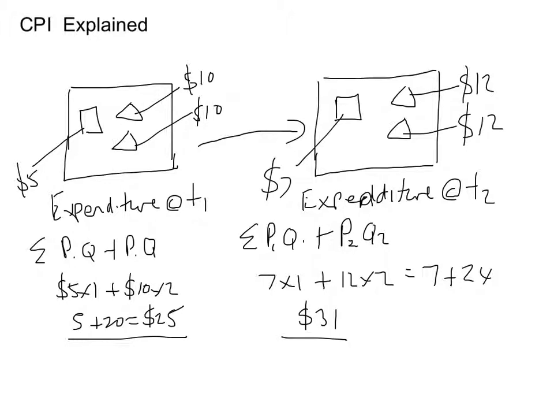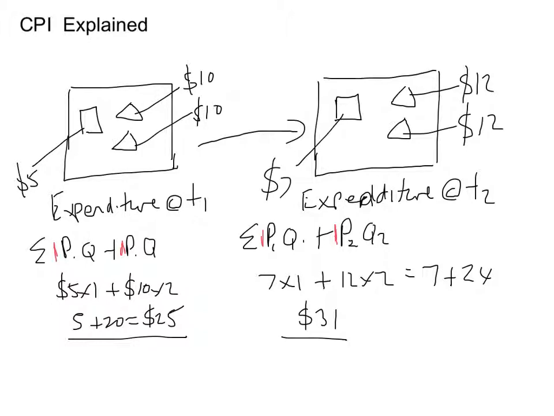Now, look, just before we go on, I just want to point out something to you. When we calculate these expenditures, notice that we're allowing the price of the products to change. The one thing that is constant is the quantity of the two goods that are in our basket or box.